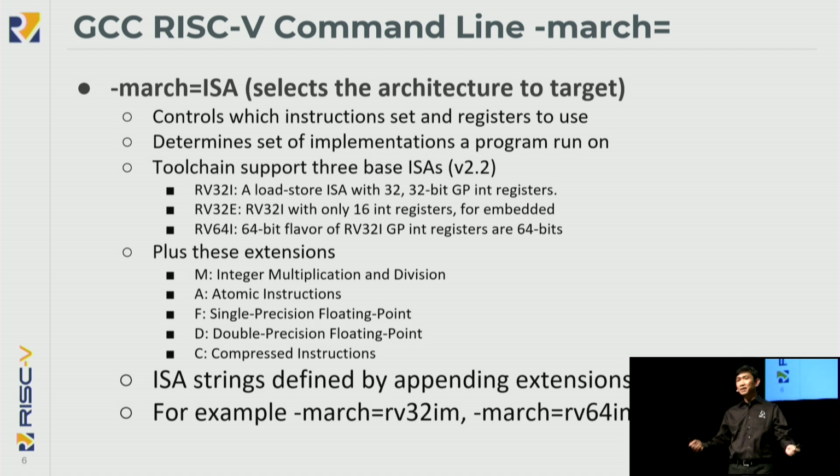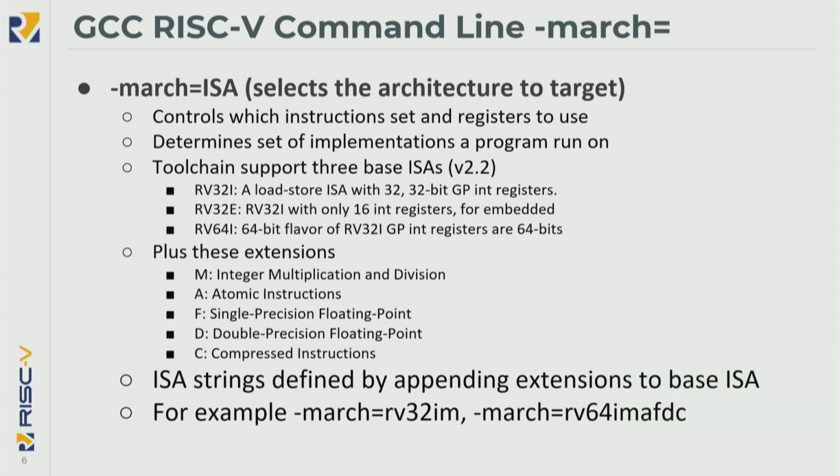So what does this mean for normal usage? Well, for RISC-V, there are a couple of arguments added to the GCC command line, in particular the ones starting with -m. There are three of them.